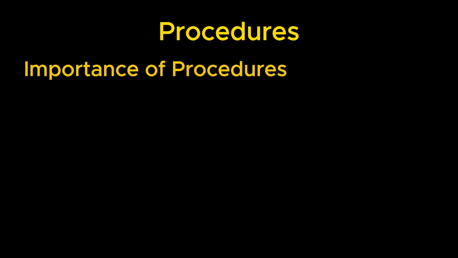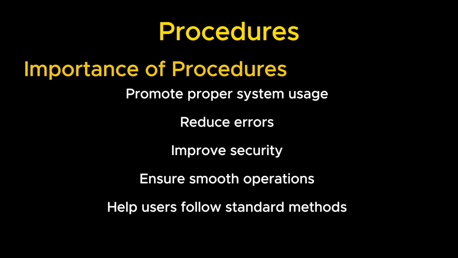Importance of procedures. Procedures are important because they promote proper system usage, reduce errors, improve security, ensure smooth operations, and help users follow standard methods. These components work together to help computers process information effectively.